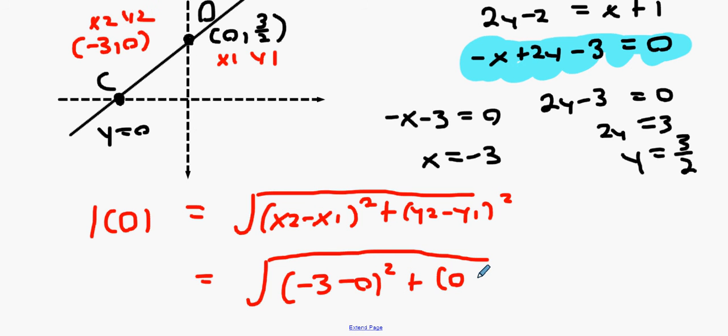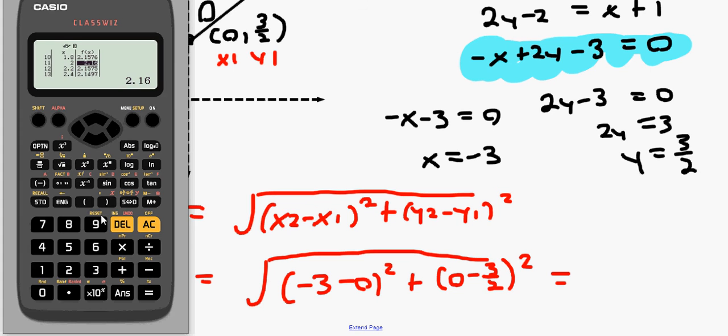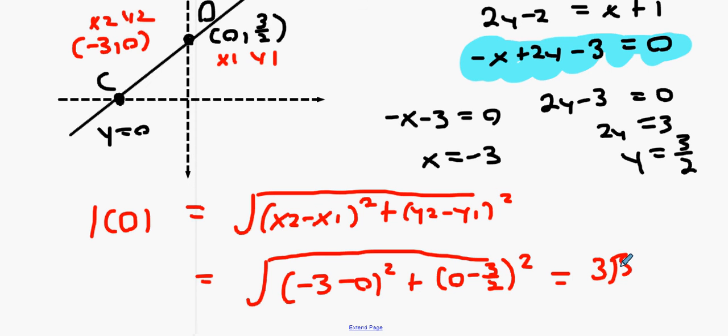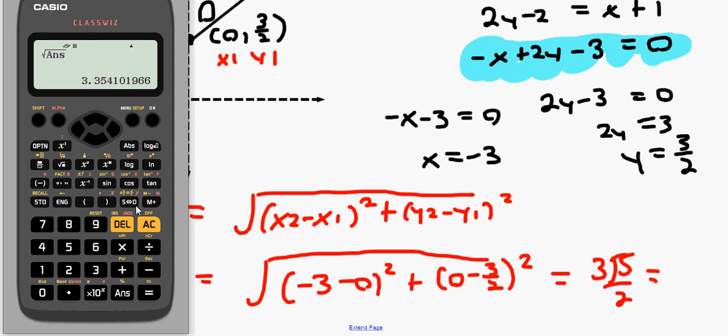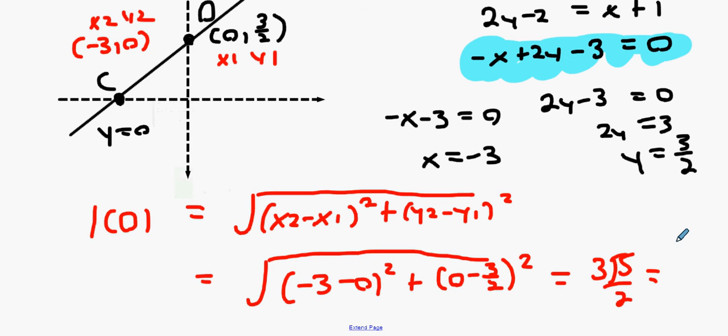What did you get? Alright. 9 plus 9 over 4. Root answer. And in decimals, 3.35.